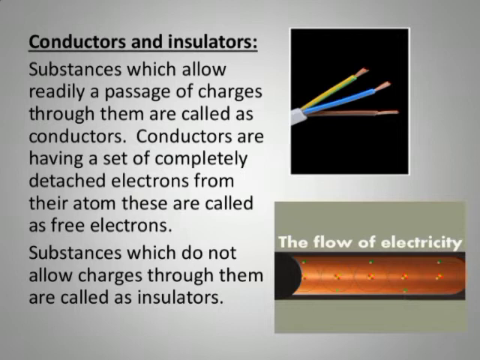Next, going to an insulator. So it is dead opposite to this conductor, and it tells you that the charges are not allowed to flow through them. Yes, substances which do not allow charges through them are called as insulators. So I can say, for example, wood, glass, plastics. So these are the insulators.